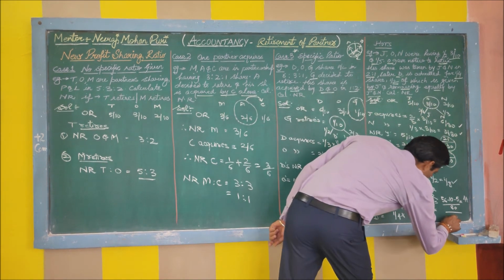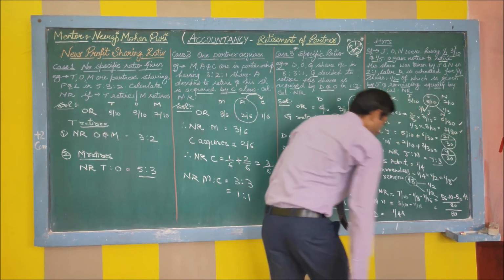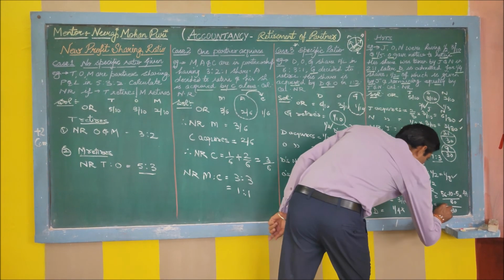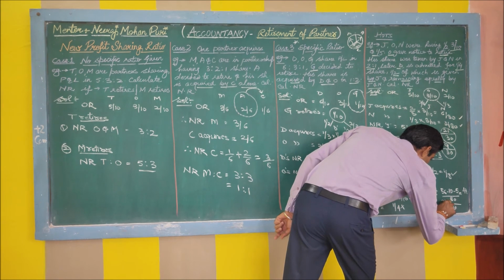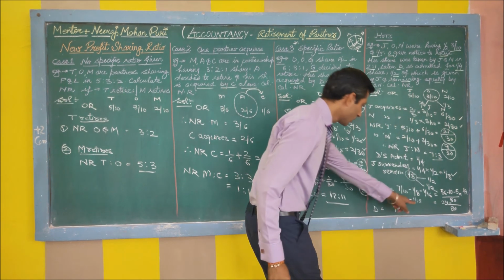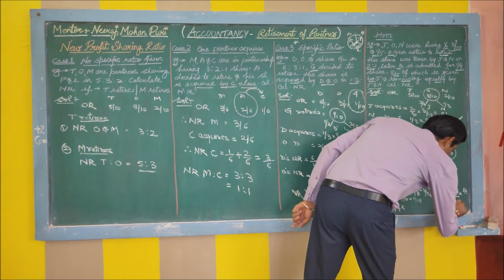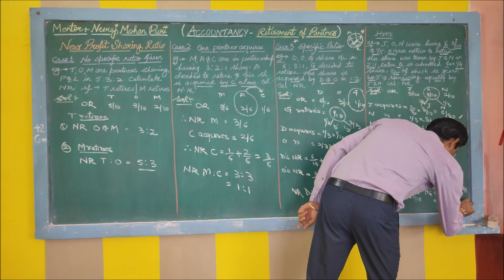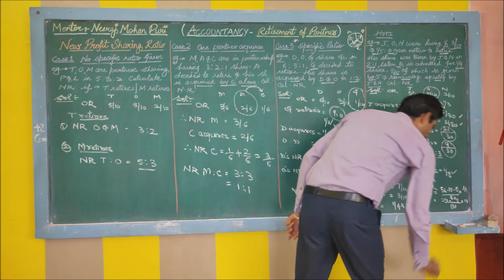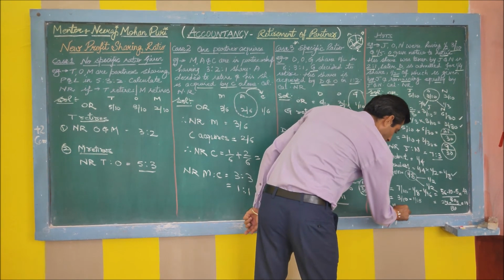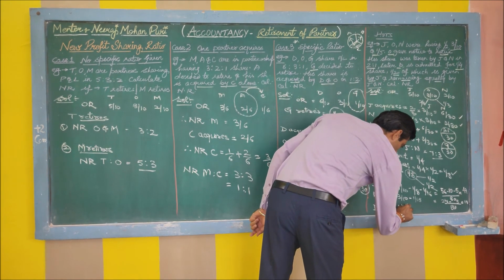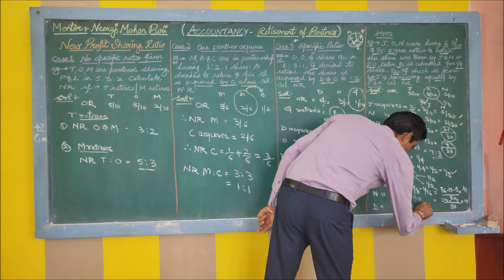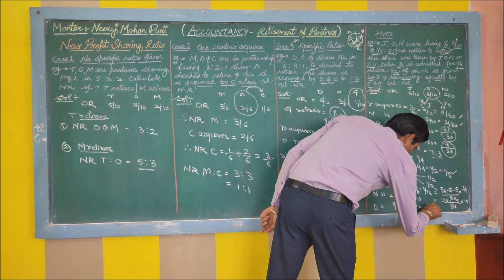Similarly, for the next partner, 8 times 3 is 24, 24 minus 16 times 5 is 5. This will give us 19. For D, 1 by 4, making the denominator 80, this will become 20 upon 80.